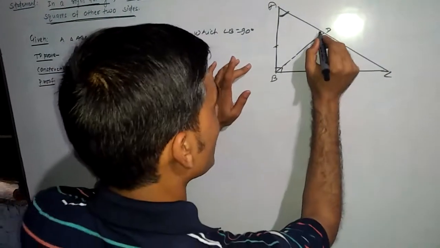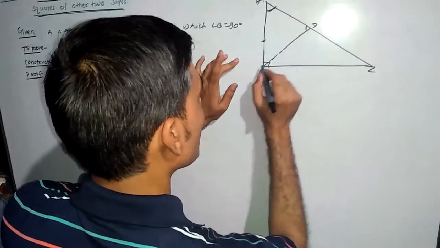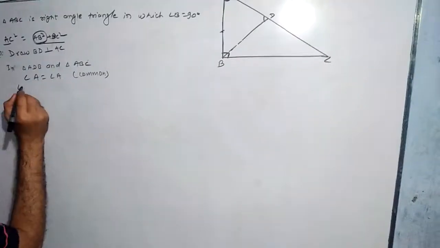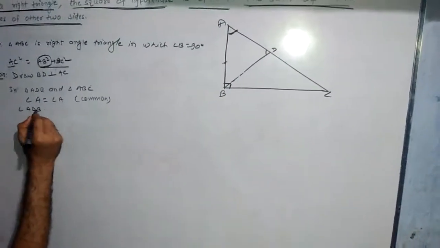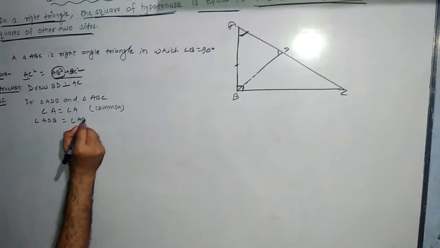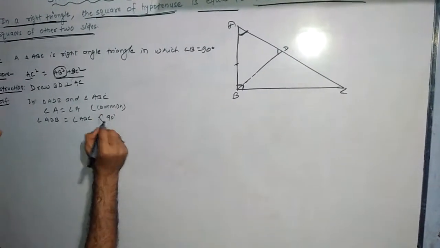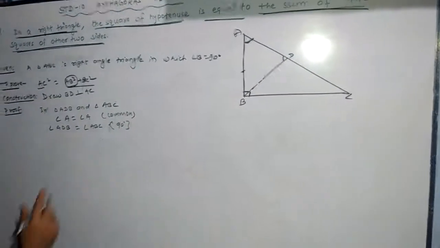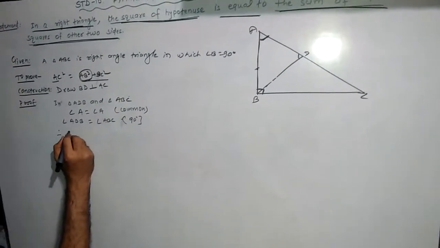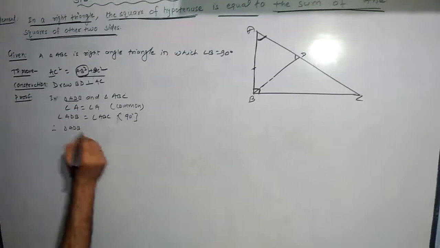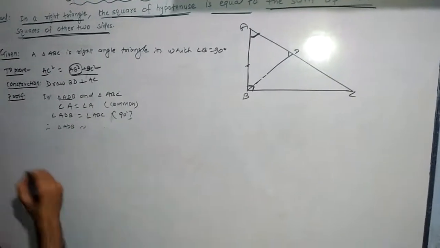And second, it is 90 degree in triangle ADB, and in ABC B is 90 degree. It means angle ADB equal to angle ABC equal to 90 degree.